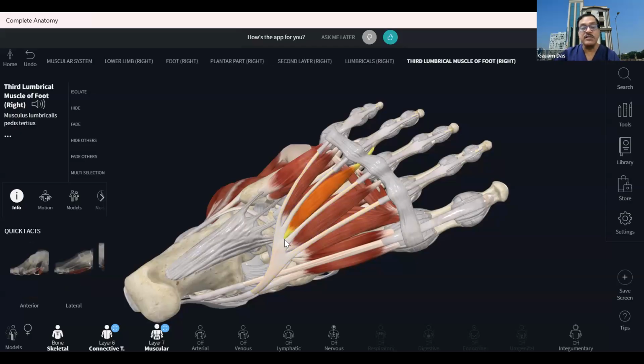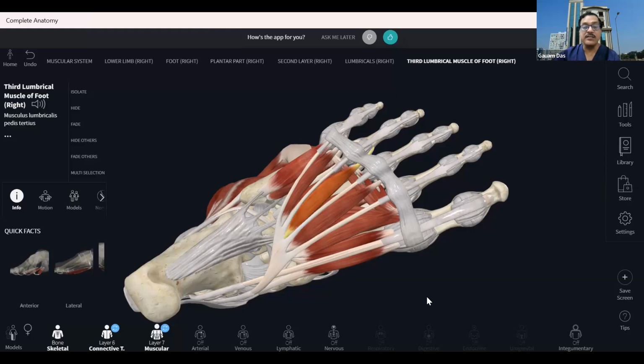These lumbricals originate from the flexor digitorum longus tendons and attach at the base of the proximal phalanx. They cause flexion of the metatarsophalangeal joints. They are small, worm-like muscles originating from the tendons.